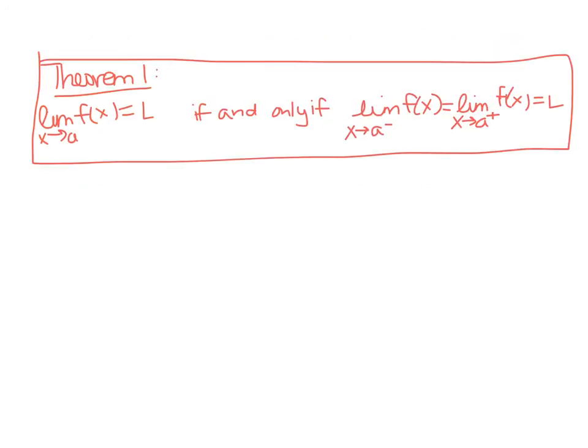So the last thing I want to talk about with limits is this theorem. Basically, what this theorem is saying is that if you have a left-hand limit and a right-hand limit equal to a value, then the overall limit equals that value. If they're not equal to the same value, the limit will not exist.